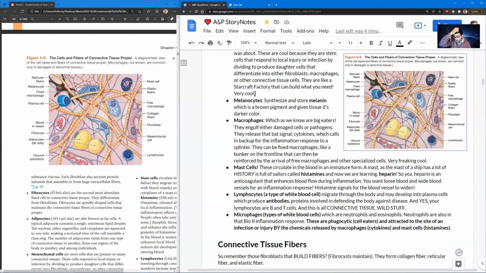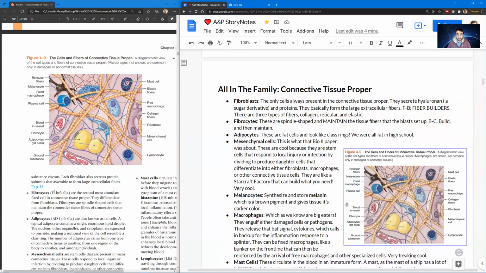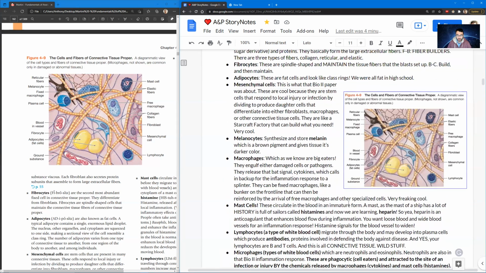You want loose blood and wide blood vessels for that inflammation response. That's why you get swelling with allergies and stuff, and you would take an antihistamine. Histamine is a signal for blood vessels to widen. So again, this is all in connective tissue proper. All of this is going on there.